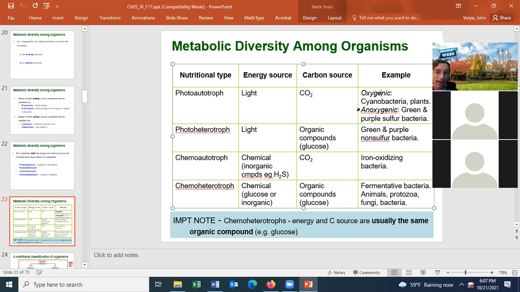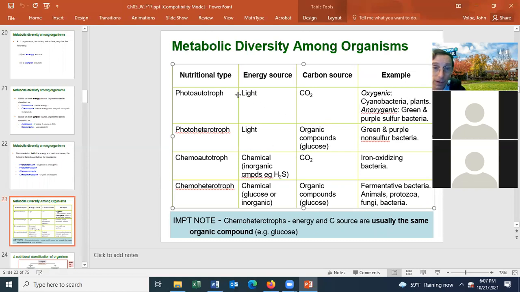But you can also have anoxygenic bacteria, and they do not release oxygen. You're probably not familiar with an anoxygenic photoautotroph, but the green and purple sulfur bacteria are anoxygenic photoautotrophs. Any question about that?